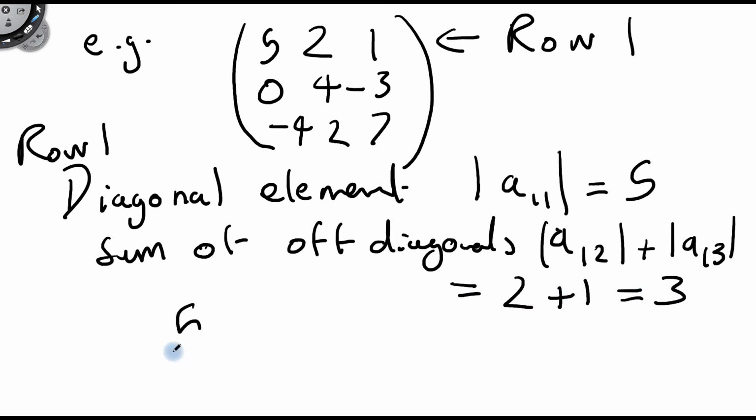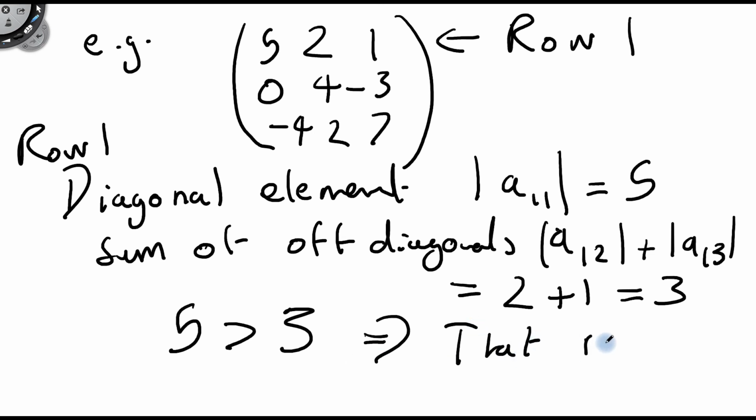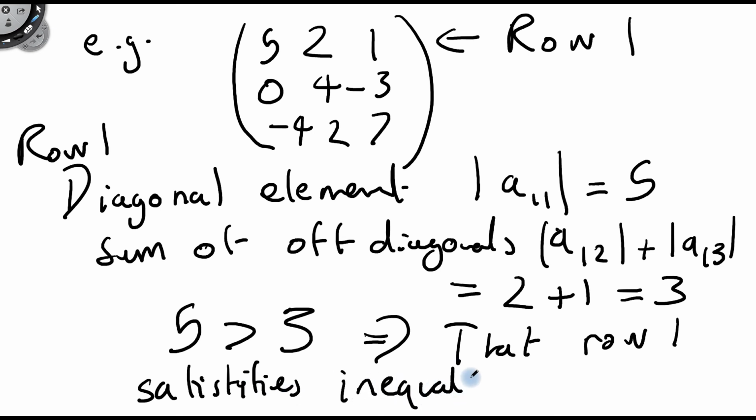And 5 is greater than 3, which implies that row 1 satisfies the inequality. And then basically repeat for rows 2 and 3.